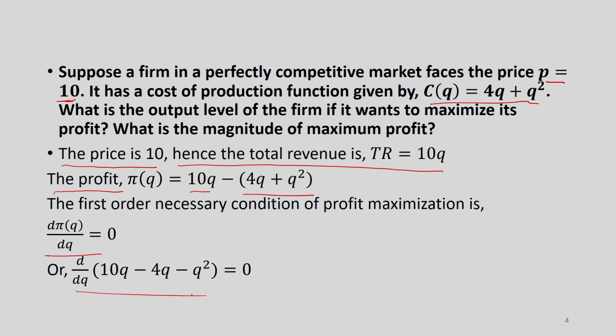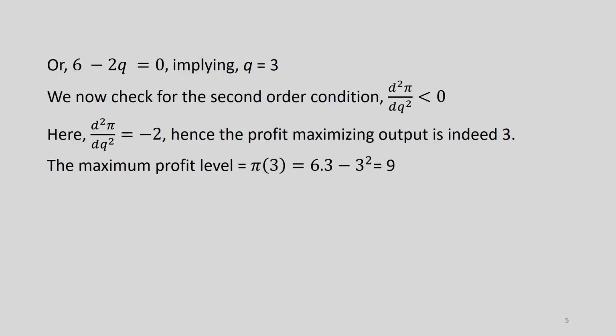That boils down to d/dq of 10q minus 4q minus q square equal to 0, and this is actually 6q minus q square equal to 0. If I take the derivative of 6q minus q square, I get 6 minus 2q, and that gives us the value of q, q equal to 3.